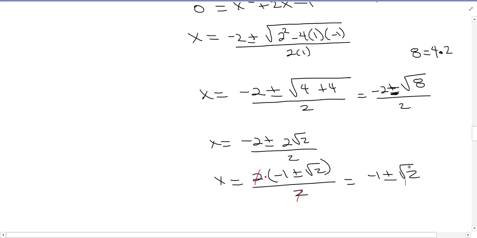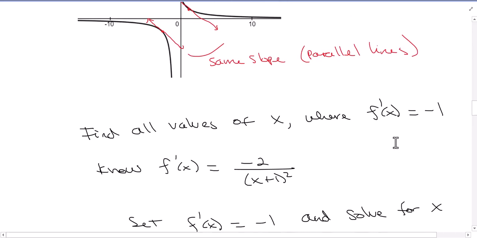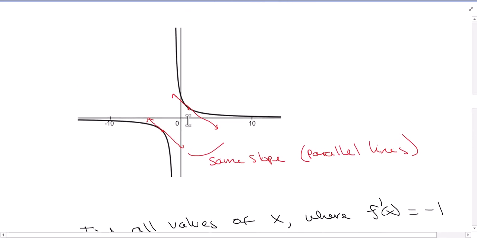So that means that what we saw in our graph, the two values of x where the slope is -1. So this will be, what did we have? -1 plus root 2. So this is -1 plus root 2. And then this one must be -1 minus root 2.